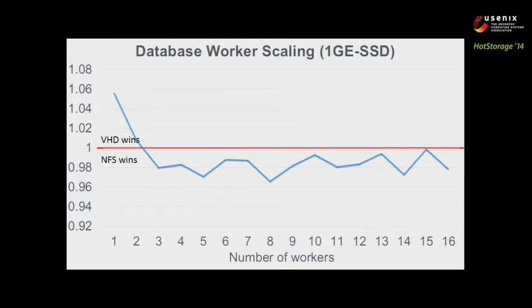What we can see is that for a number of workers that exceeds 2, we see the overhead of these nested file to block translations. However, very quickly, the network becomes the bottleneck, and the 1 gigabit NIC is saturated beyond 3 workers.